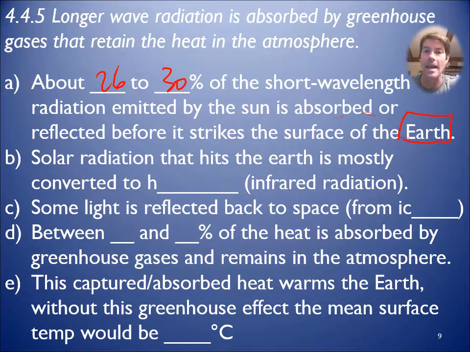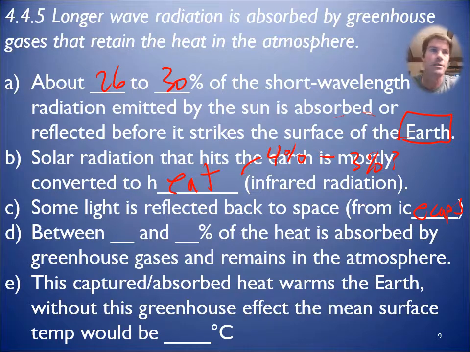Anything that does get to the surface is mostly converted to heat, except for that 4% that gets reflected off the ice. Remember, that's a lot less now, maybe 3%. I'll look into that because this number is probably 10, 15 years old. So yeah, some is reflected back from ice caps.